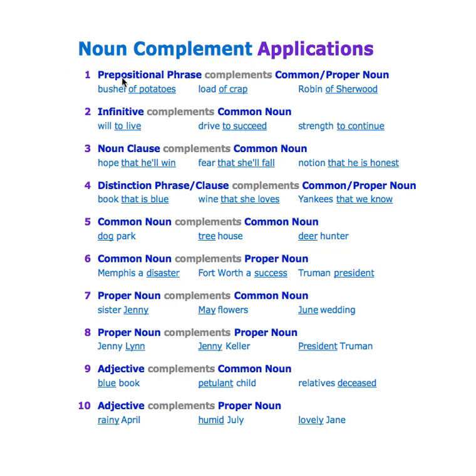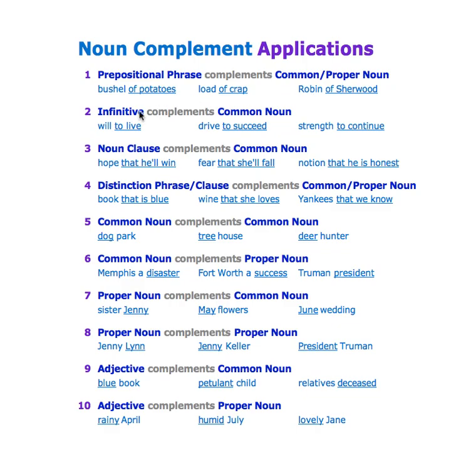See here you have prepositional phrase complements a common or proper noun. Bushel of potatoes, load of crap, Robin of Sherwood. See, the prepositional phrase can complement a common noun like bushel or a proper noun as in this Robin.